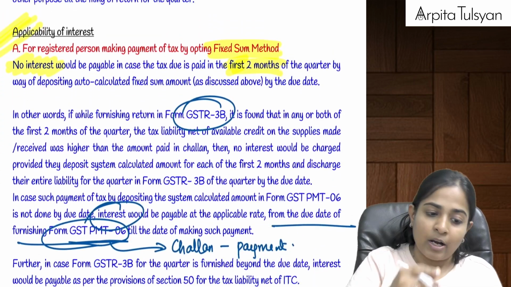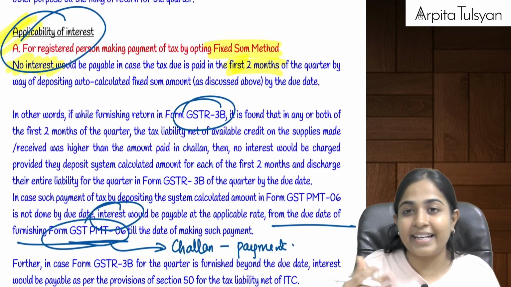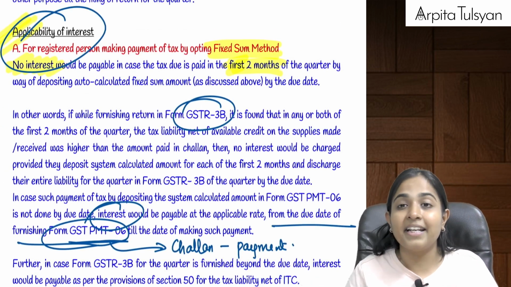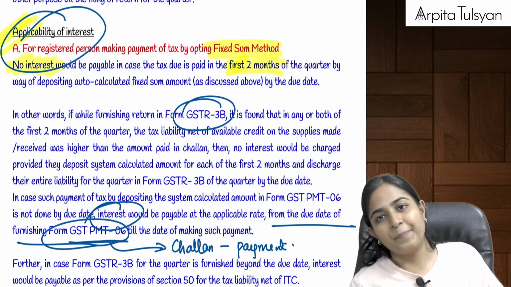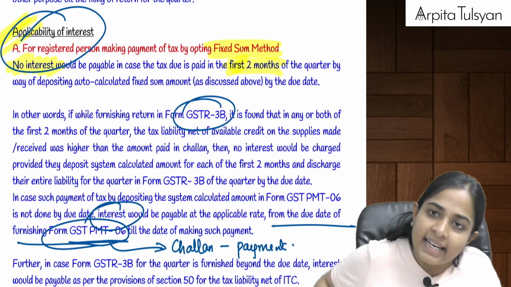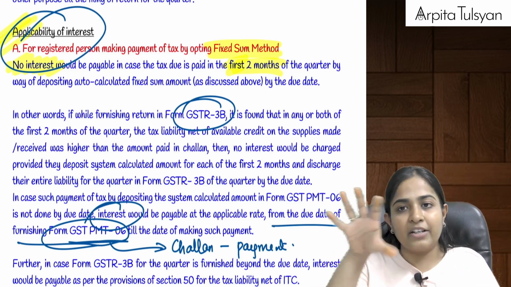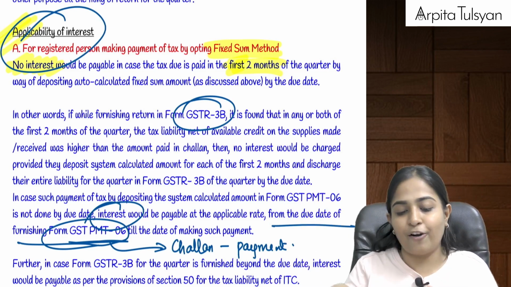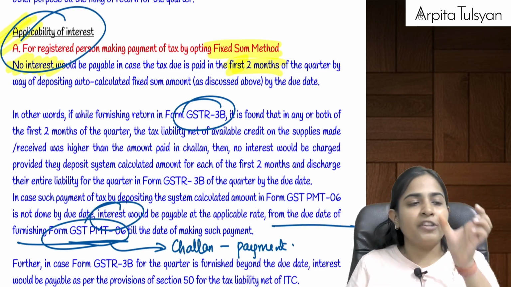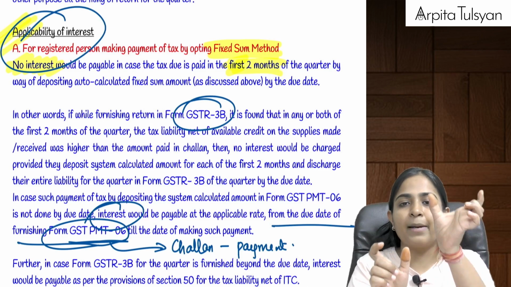Yes. Now in this case, can there be a mistake in determining the amount of tax payable? Yes. Let's say you had followed the fixed sum method, 35% or 100% of the tax, and 35 rupees and 35 rupees was the tax you already paid for April and May.